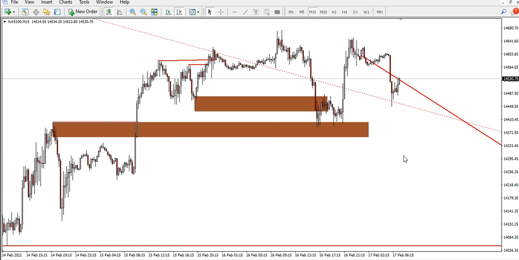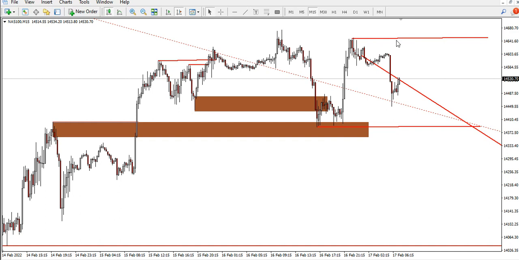While we are on M50 now, I can go below this to mark the most recent swing high, which is here, and the most recent swing low, which is here. So what do you expect now?